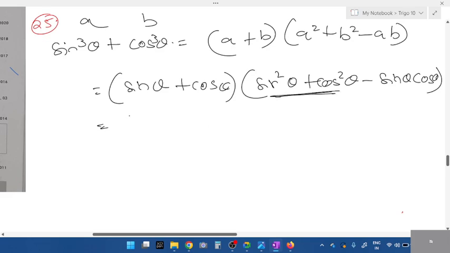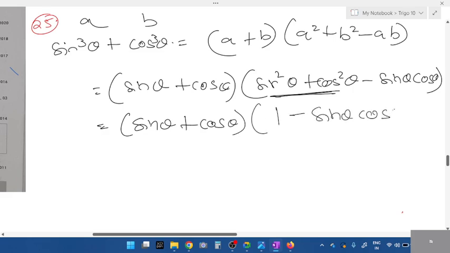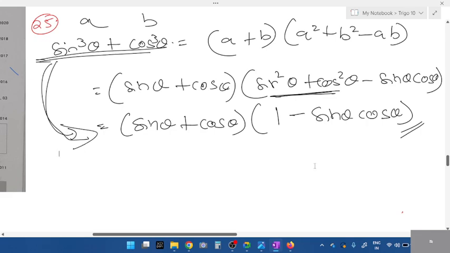What is sin square theta plus cos square theta? 1. It is 1. This is the simplified form. So the direct answer for sin cube theta plus cos cube theta is, in the question, students, if they give you sin cube plus cos cube theta, you have to replace that with this one. Sin theta plus cos theta into 1 minus sin theta into cos theta.